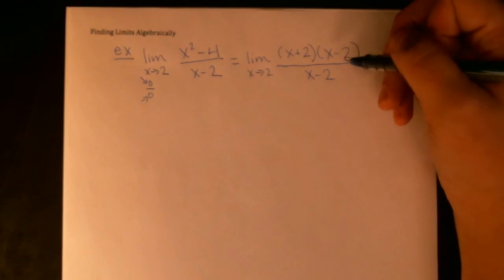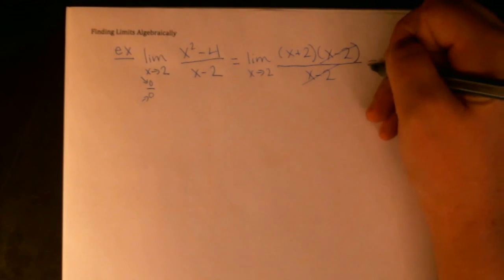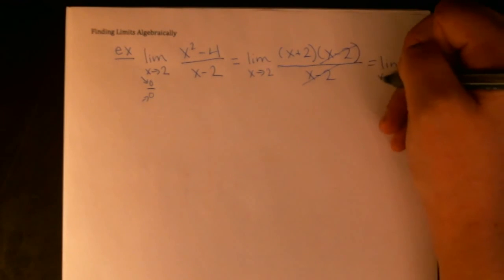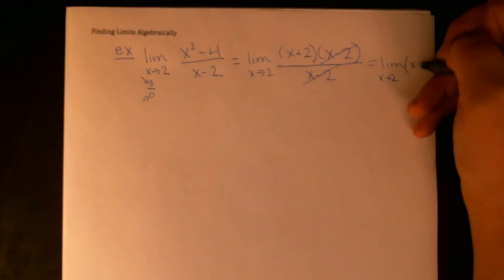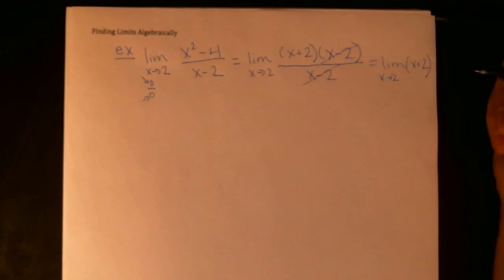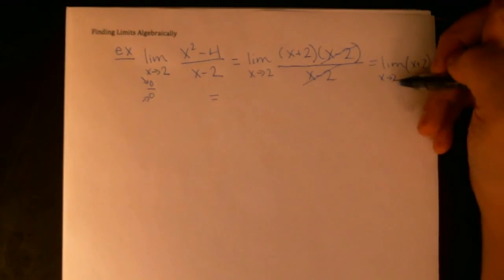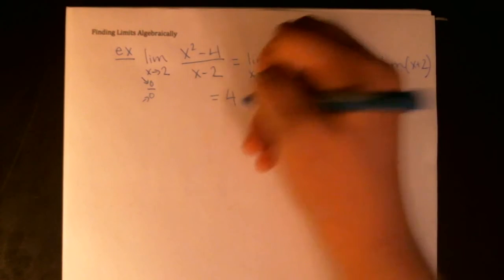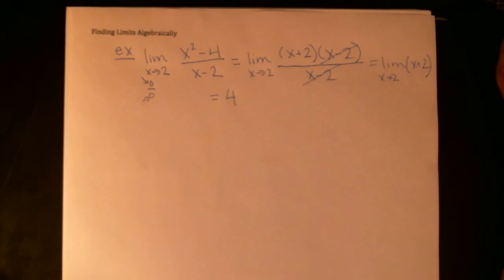Both the top and the bottom are 0 when x equals 2, and it cancels out, and I get the limit as x approaches 2 of x plus 2, which means that this whole limit is 4. So if x approaches 2, x plus 2 approaches 4.